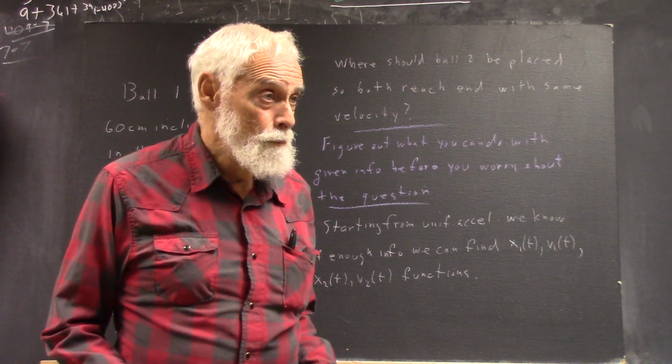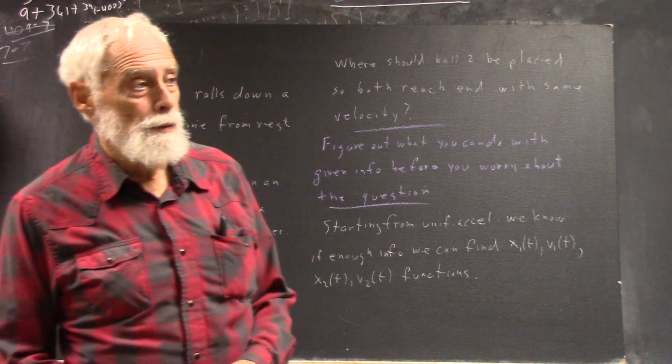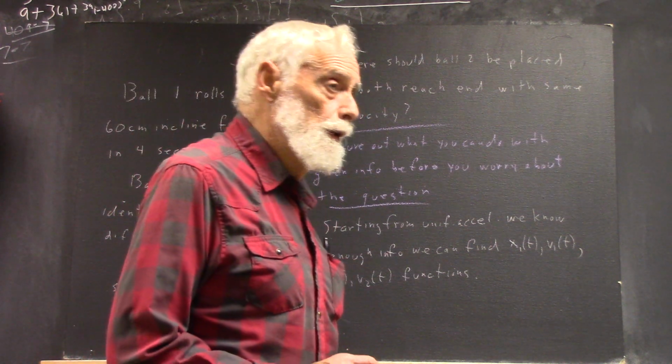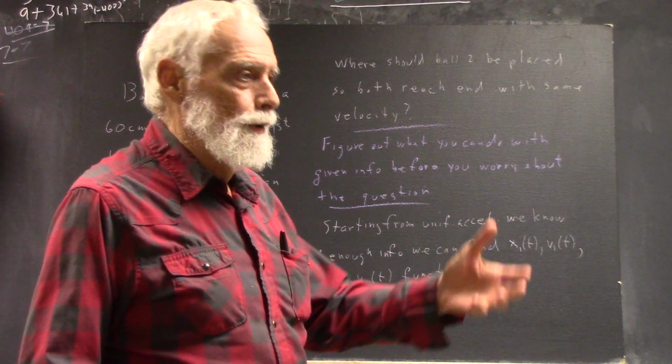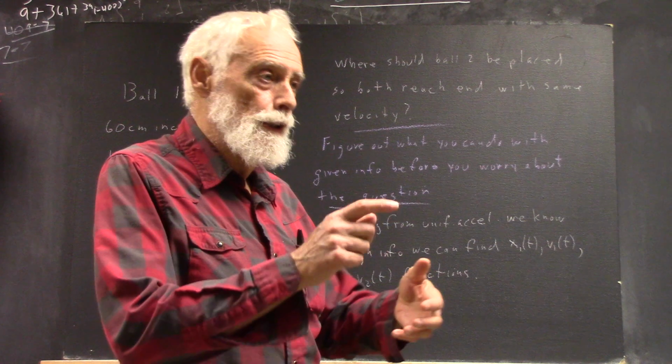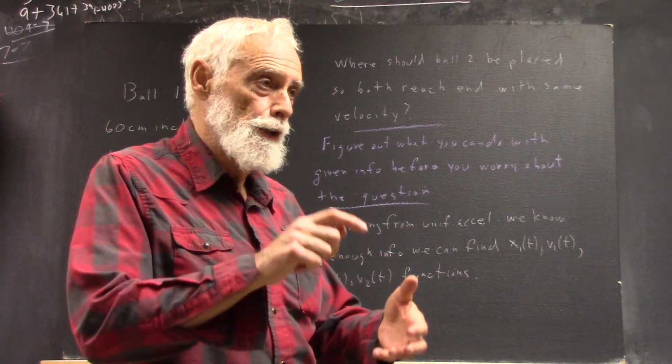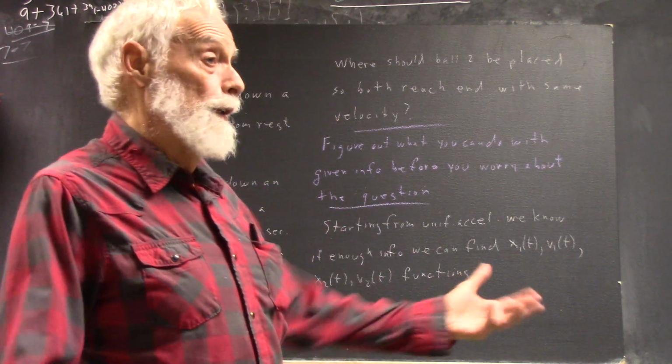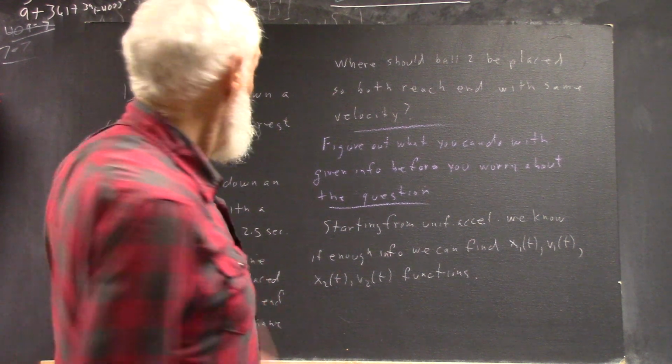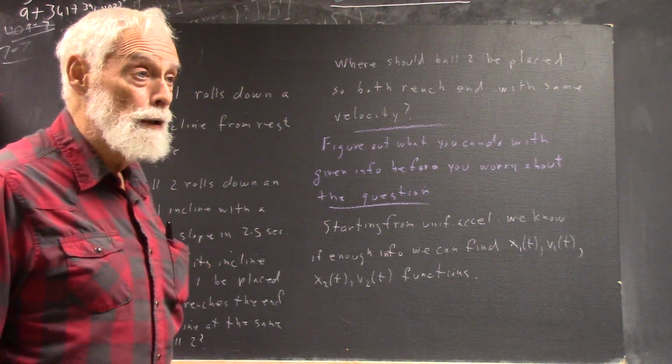And we get the 4 equations that we use for uniformly accelerated motion, knowing that if we know any 3 of initial velocity, final velocity, acceleration, displacement, time interval, we can find the other 2. And we do have that for each ball.